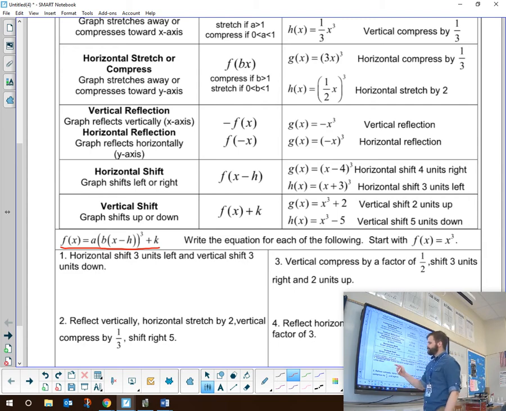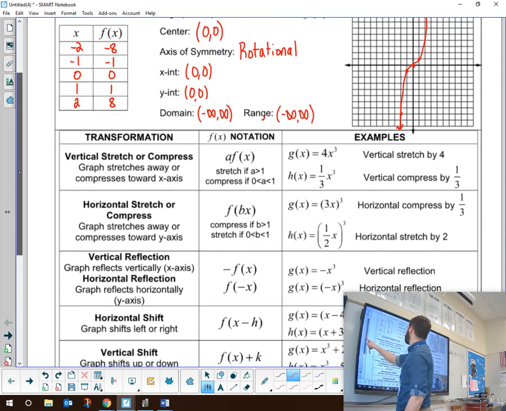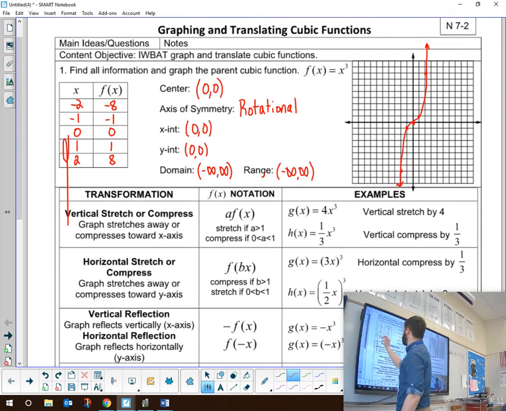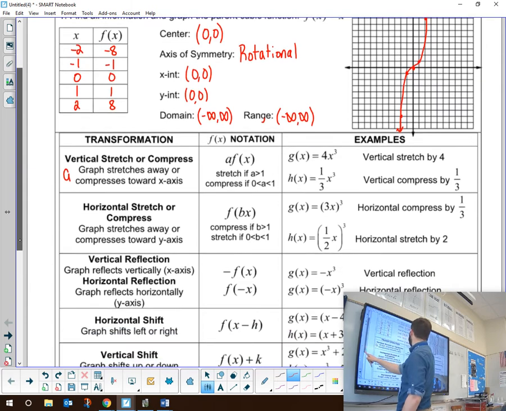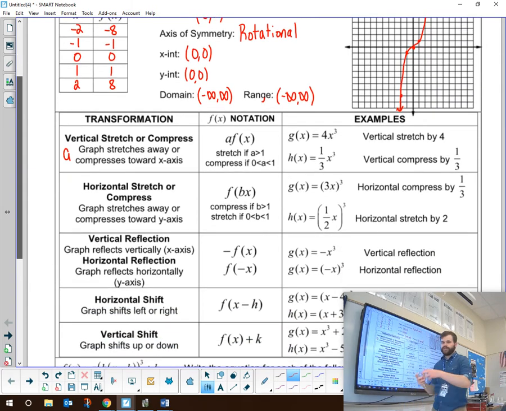So remember, A controls the vertical stretch or compress. If A is greater than 1, we stretch out my graph, it grows faster. If A is less than 1, if it's a fraction, it's going to stretch slower. It's going to have a vertical compress.